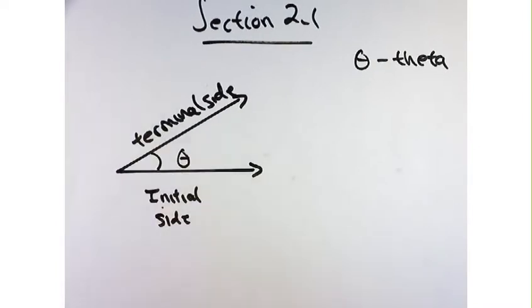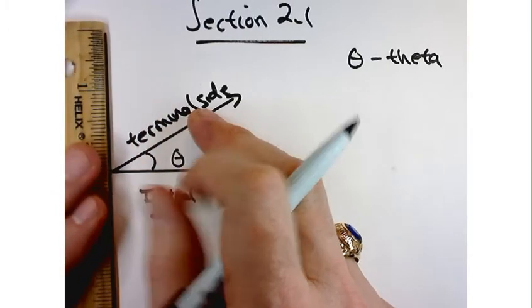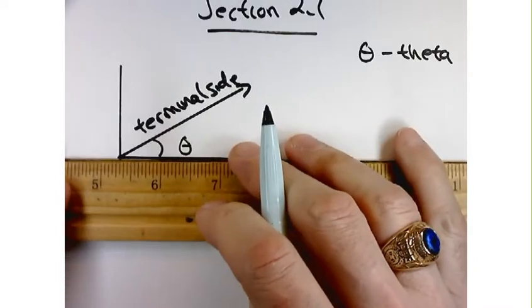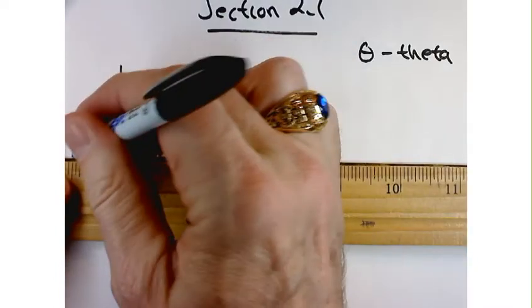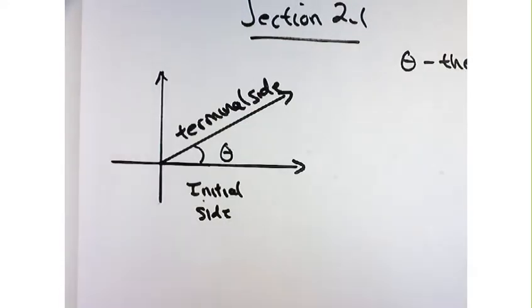Now that initial side is typically laid on the x-axis, like that. And there's some interesting things that can happen when you're working with your angles. Now, of course, all the way around, that's your 360.